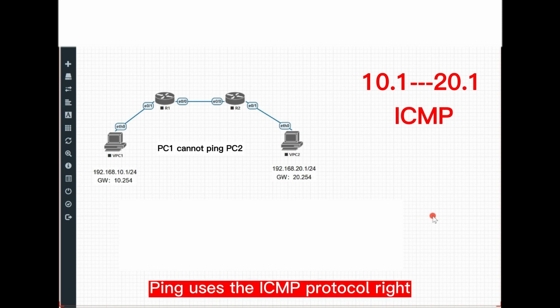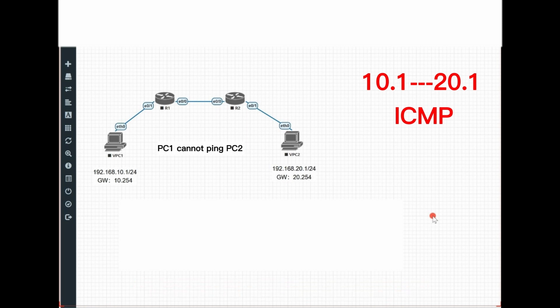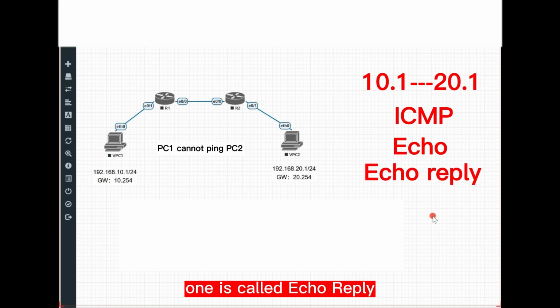Ping uses the ICMP protocol. There are two kinds of messages in ping. One is called echo, which is the request, and one is called echo reply. Actually, if the ping is to fail, it can be configured for both packets.